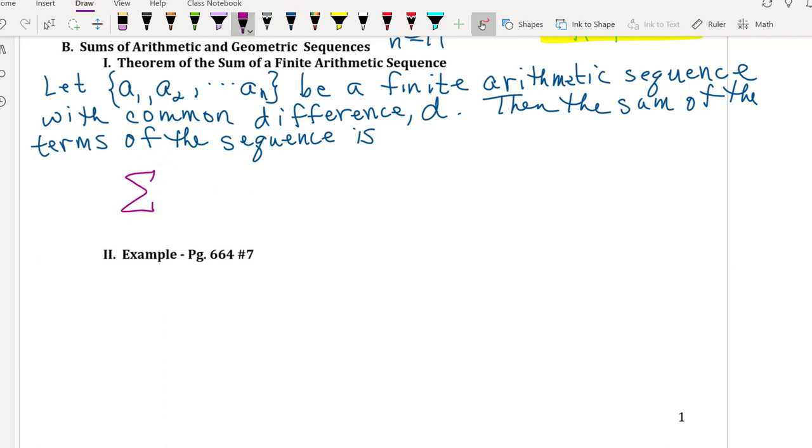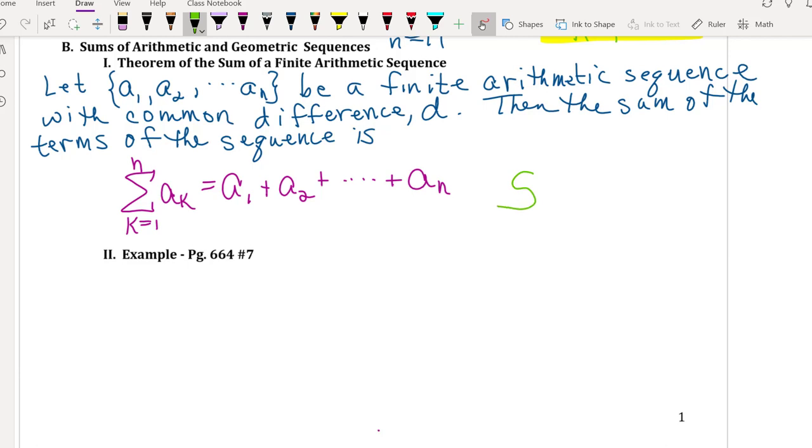So we have our summation notation, k equals 1 to n of a sub k, and of course that means a1 plus a2 plus dot dot dot all the way up to plus an is going to give us this sum.